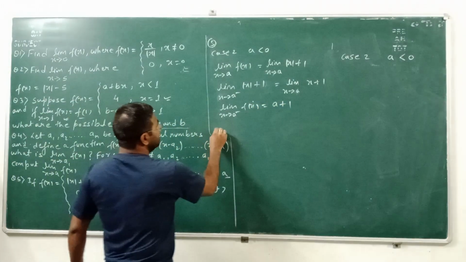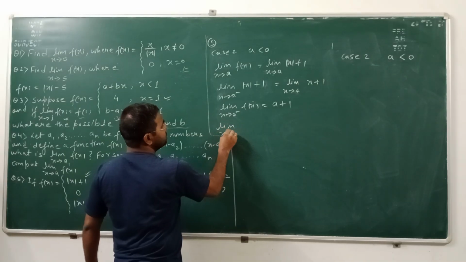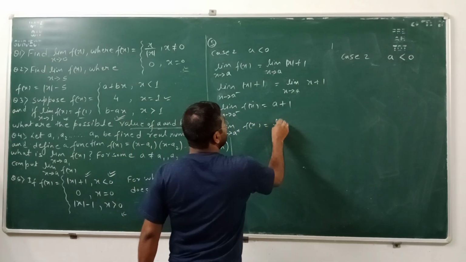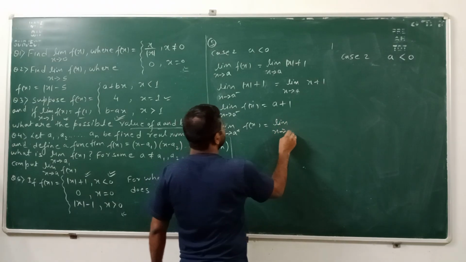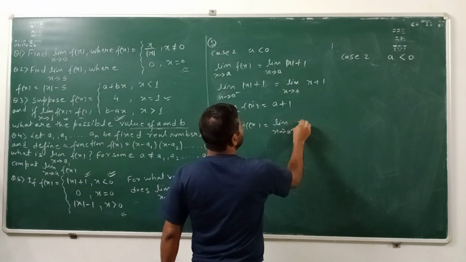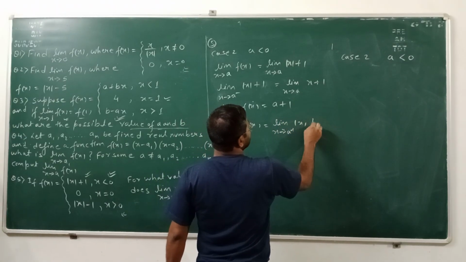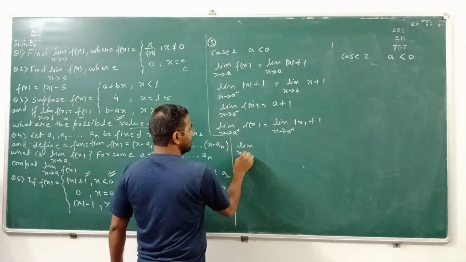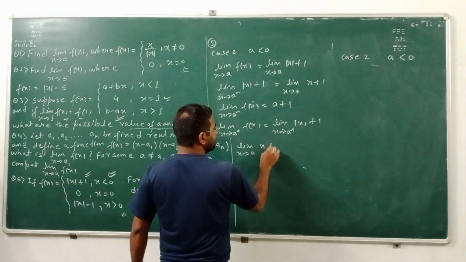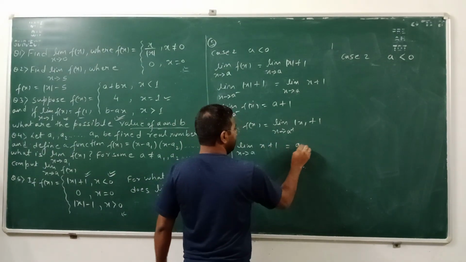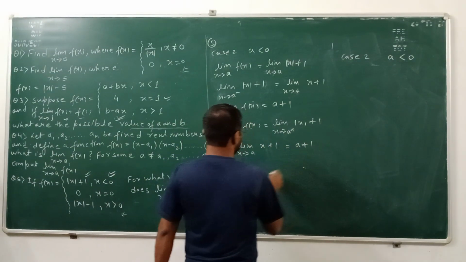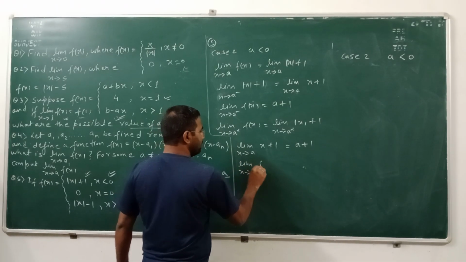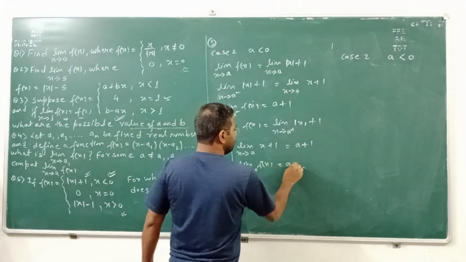Now we will check the limit x tends to a positive also. Limit x tends to a positive mod of x plus 1, then limit x tends to a of x plus 1 is equal to a plus 1 again. Then limit x tends to a positive f(x) is a plus 1.